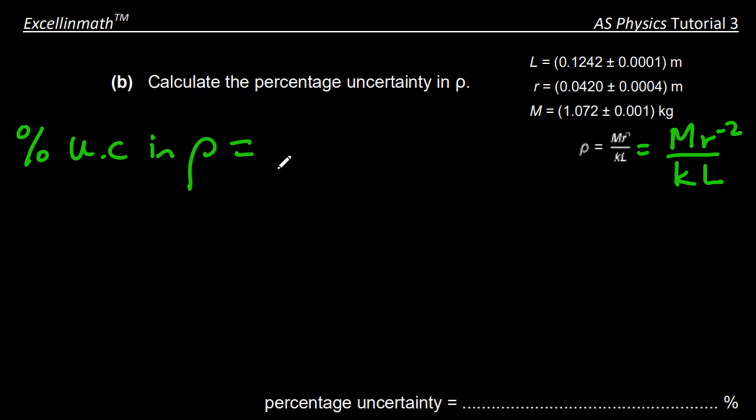Now, to get the percentage uncertainty in rho, we're going to do the following. Recall that when we multiply and divide quantities, we combine the uncertainties by adding the percentage uncertainties.